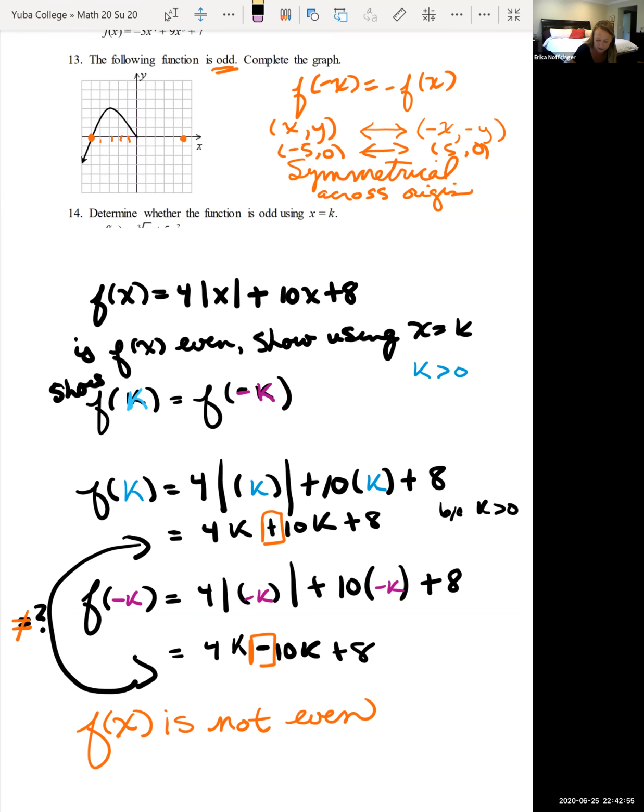I have a maximum value here at negative 3, 3. So my point negative 3, 3, changing signs for both of those, are now 3, -3.